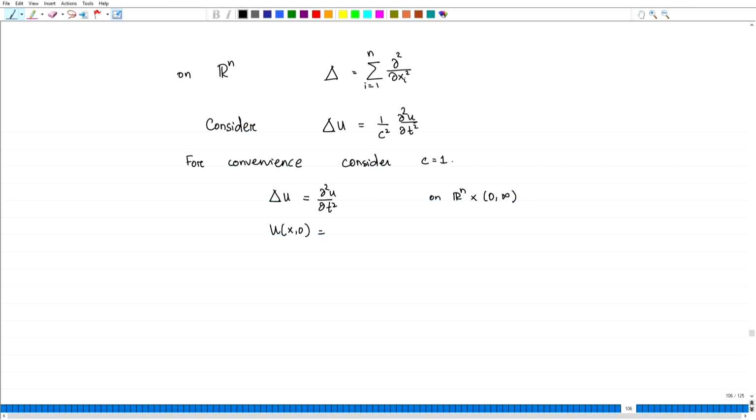When we come to the boundary of the upper half plane, that is t equal to 0, it is given by f of x on R^n, and this is a second order PDE. And u_t of x, 0 is equal to g of x.